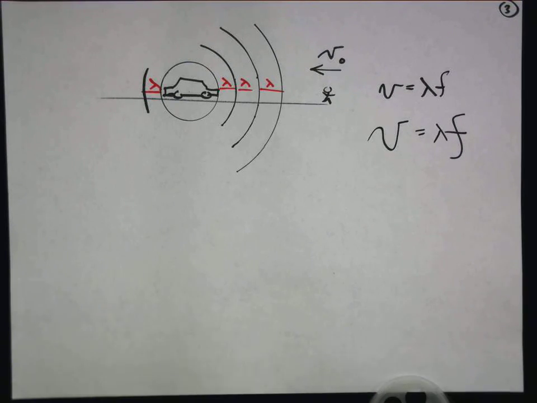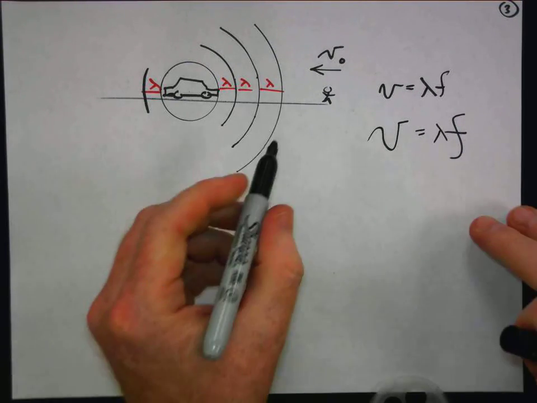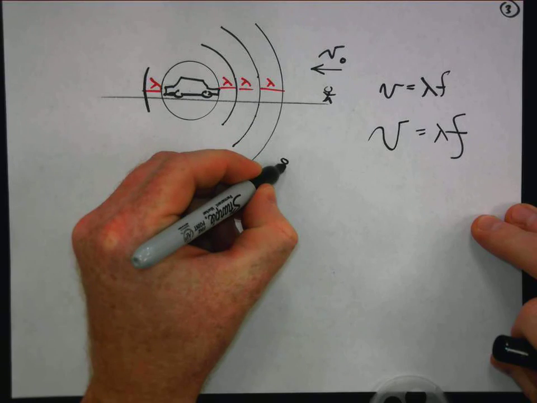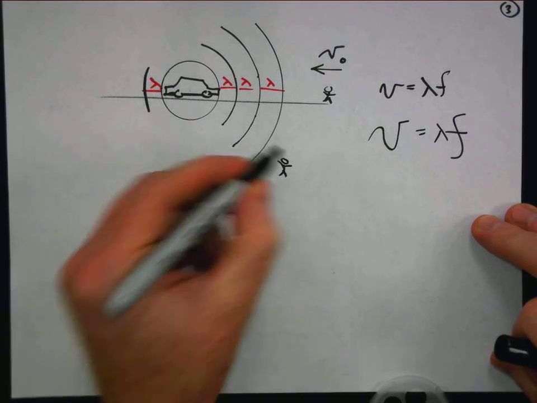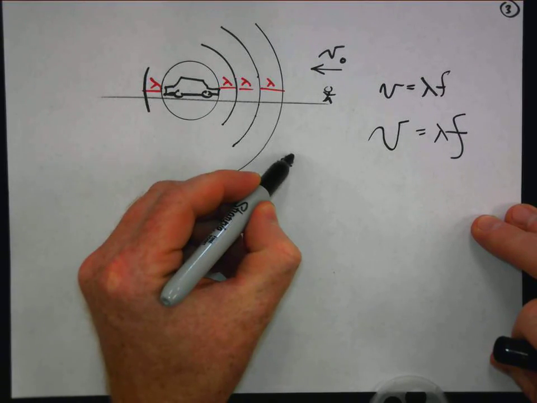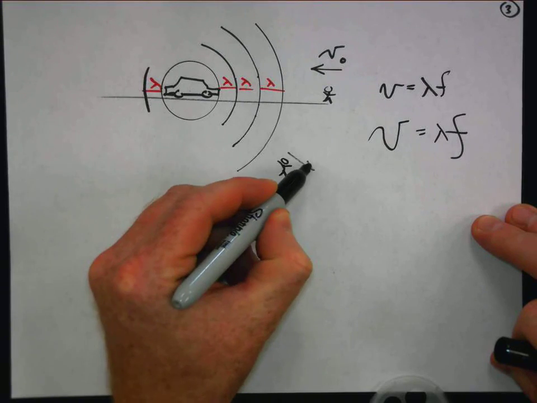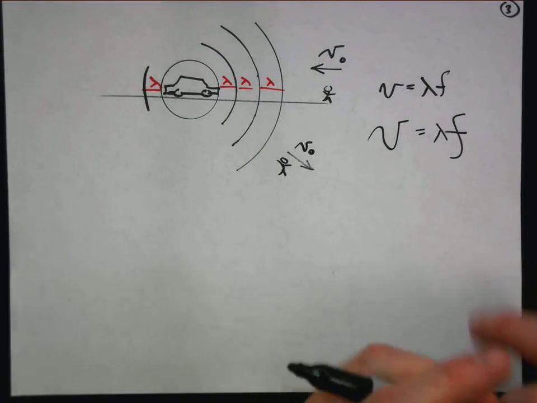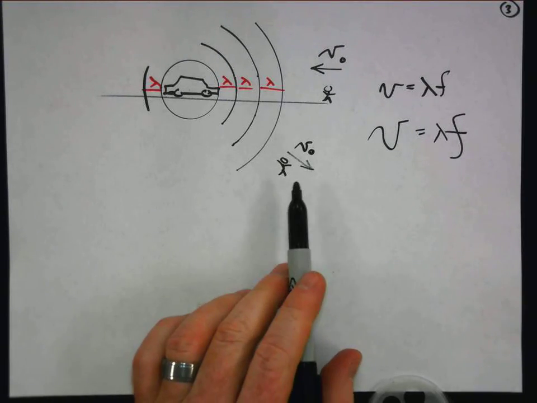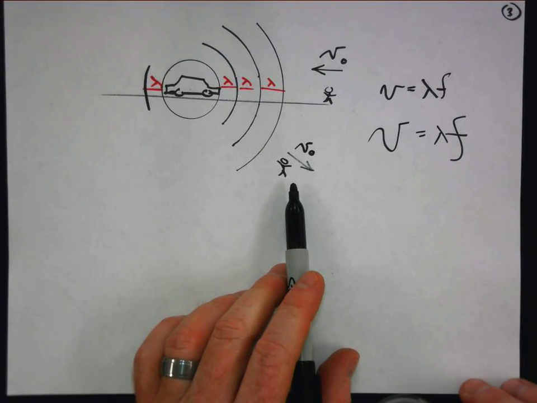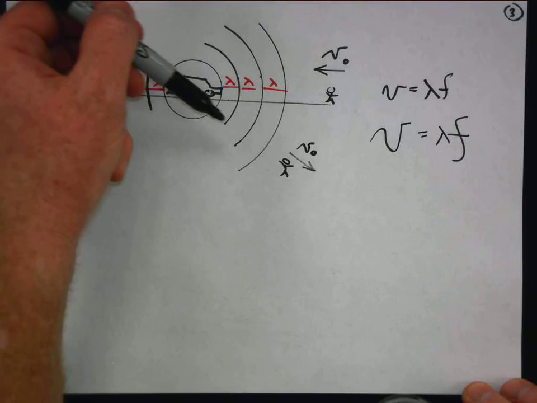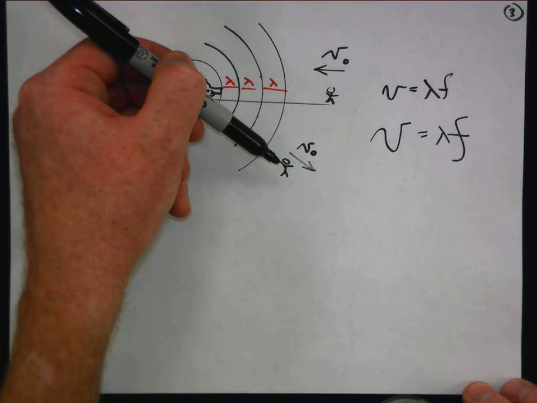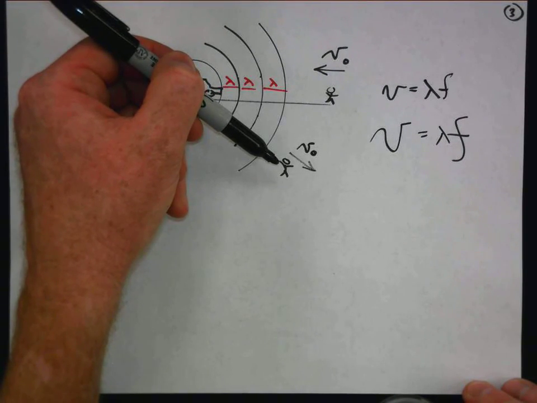But what about an observer moving away from the source? So let's put someone here. Oh yeah, I don't like your car. I'm going away. I'm going the other way. There. Velocity of the observer moving away. To this observer moving away, the sound waves seem to be reaching him or her with a lower velocity.